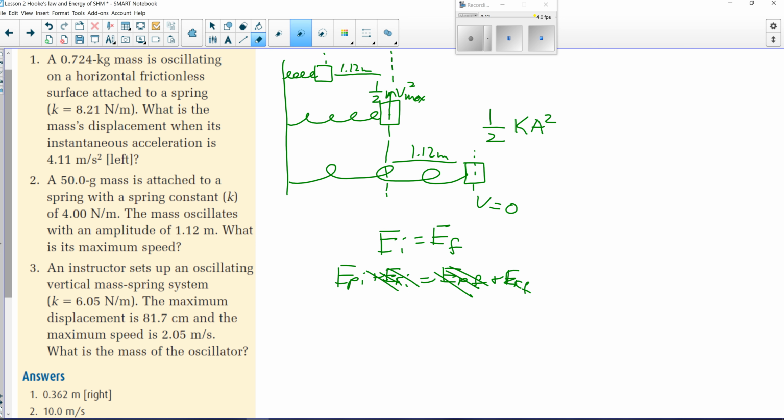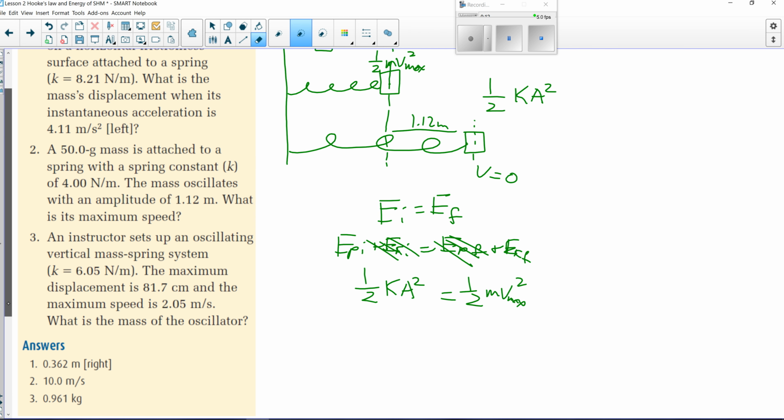So what I'm left with is the maximum potential energy equals the maximum kinetic energy. Everybody okay with that? As I said, it's like the top of the highest hill and the bottom of the roller coaster. All right, so now I should be able to manipulate to find the maximum speed.